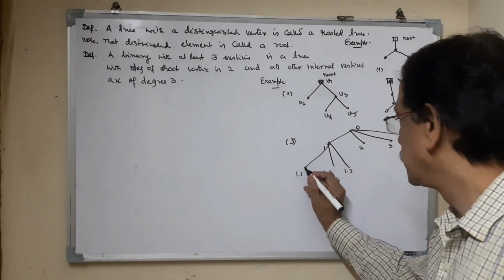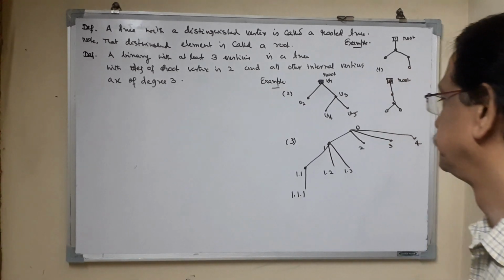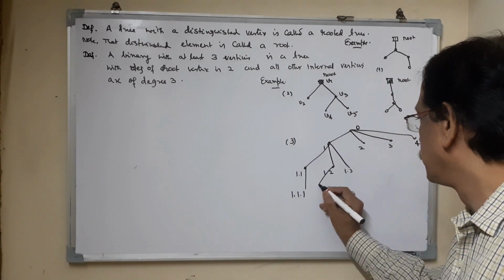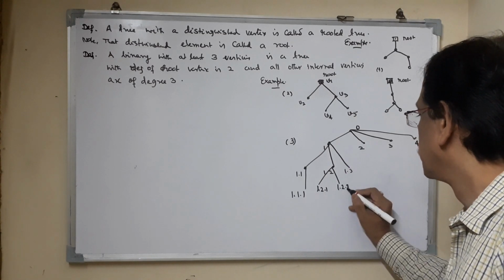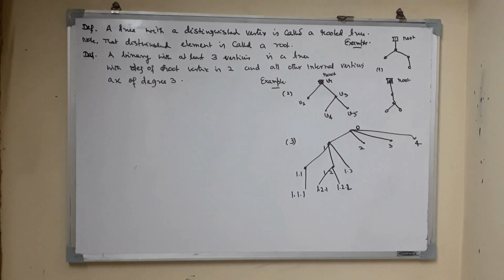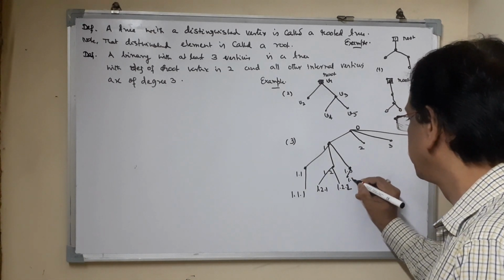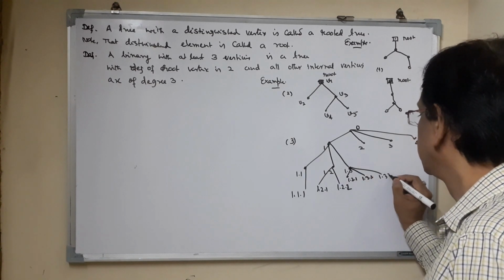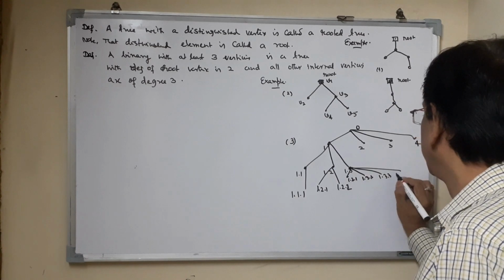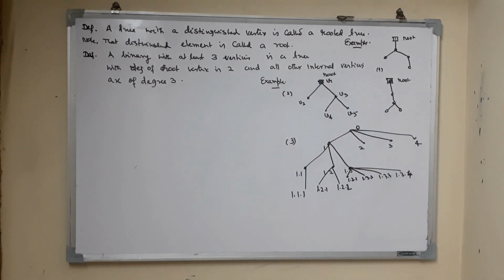In 1.1, I can write down again 1.1.1. In this, I can write down 1.2.1, 1.2.2, like that. Suppose I can write down this as 1.3.1, 1.3.2, 1.3.3, 1.3.4, like this. So this is a binary tree.